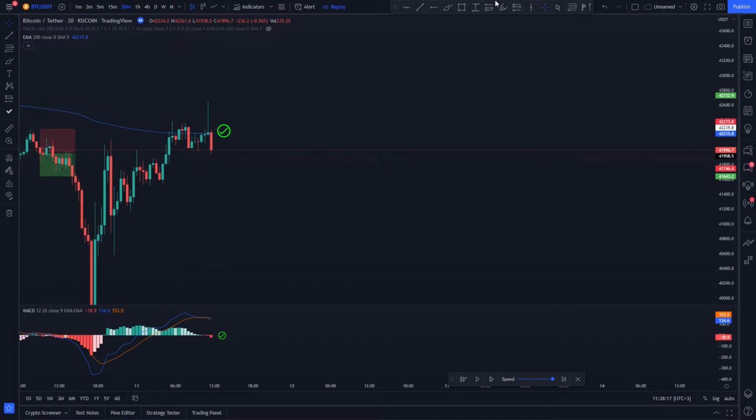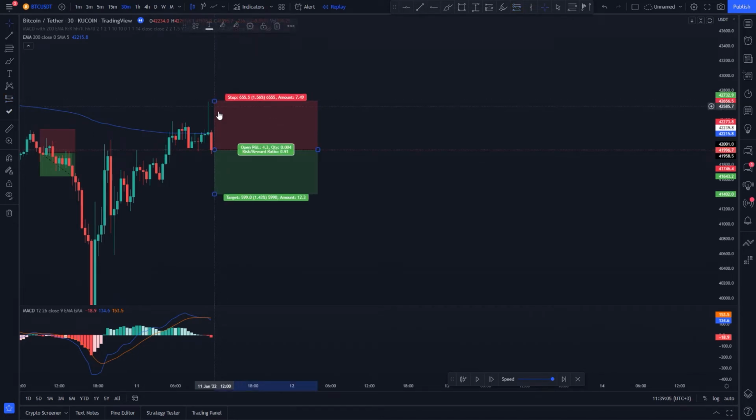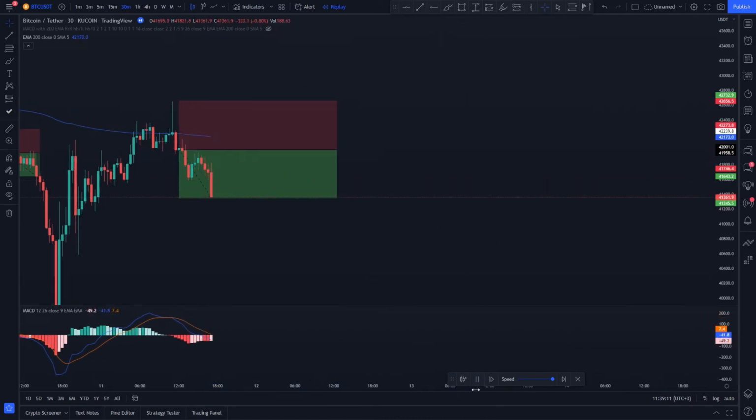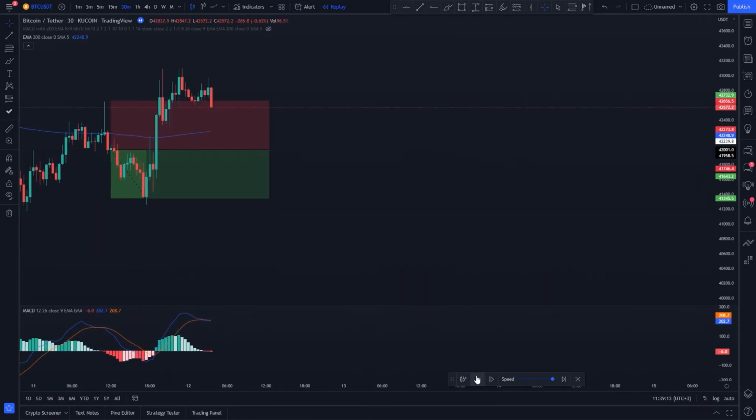A new red histogram appeared on our MACD. The signal line is above the zero level. Now we can go ahead and take a short position. Our stop loss must be above the recent higher high, and the risk to reward ratio will be 1. And let's see what happened to our trade. As we can see, it hit the target.